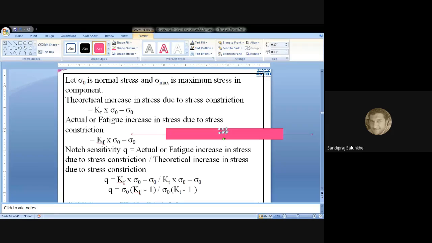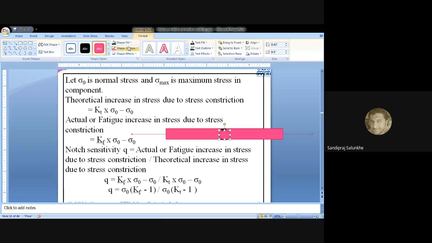Stress will get increased near that notch which has been created. Try to understand, because I am not able to draw this notch of equal size. Let's try. Okay, no problem. So with this notch which has been created, definitely the stress will get concentrated in this region.